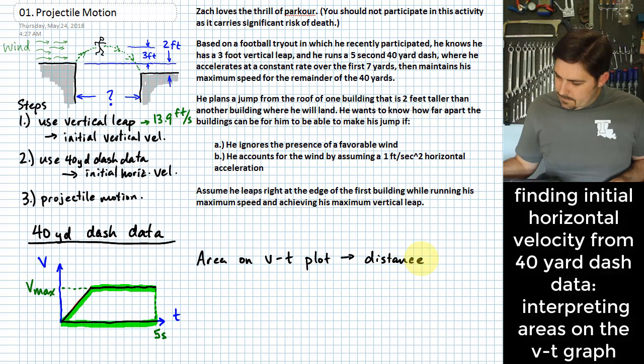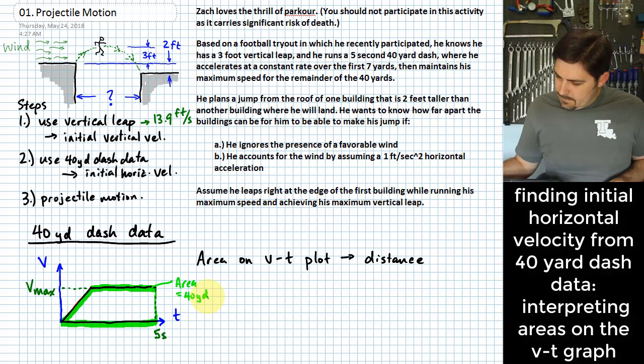Okay, the area under that V curve in the T space right there is going to be a distance. And so if I come up with an area enclosed that I'm showing right there, that area should be 40 yards.